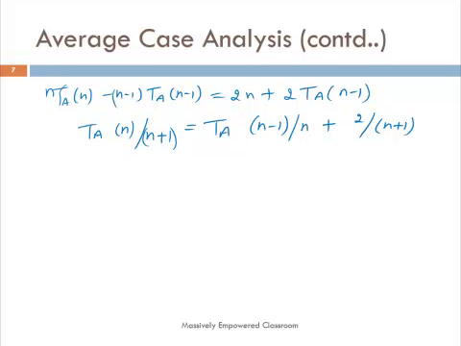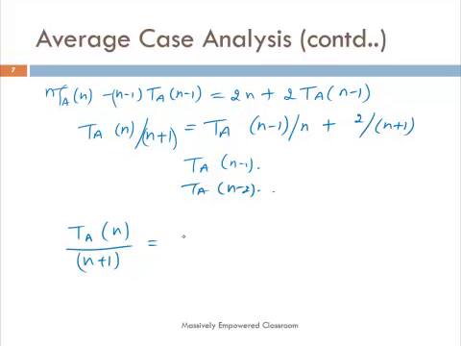Right? Now we repeatedly substitute this to obtain T_a(n minus 1), T_a(n minus 2), and so on. Right? If we do that, in the end, we can arrive at T_a(n) divided by n plus 1 is equal to 2 times sigma 3 less than or equal to k less than or equal to n plus 1 of 1 by k.